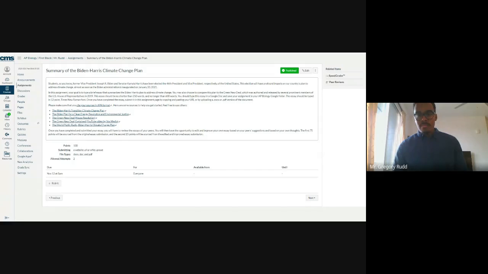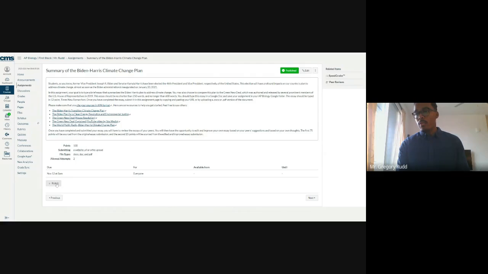So that's like between half a page and a page in length. Not much writing at all. The essay should be typed in 12-point Times New Roman font. So I want you all to get in the habit of writing collegiately. And you will almost always have to write in 12-point Times New Roman font. Make sure your name is on there somewhere. You might even want to have a title. If you want to go above and beyond, that'll be great.